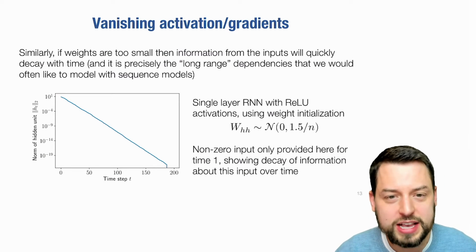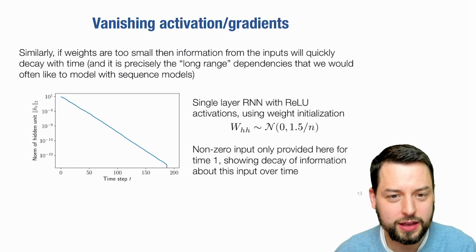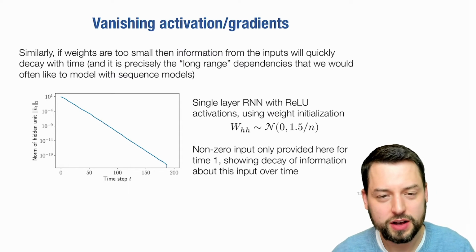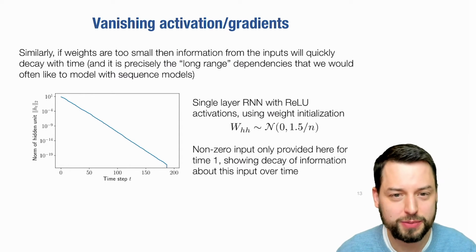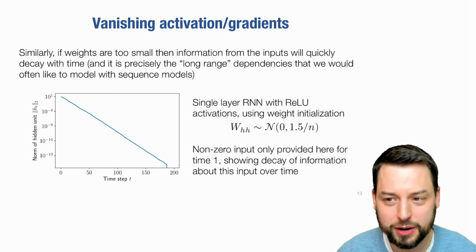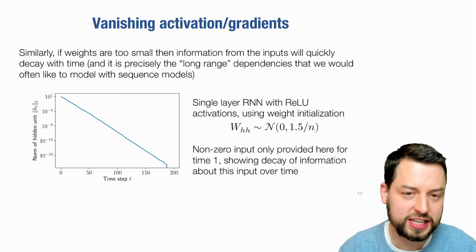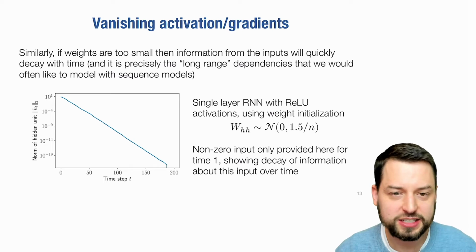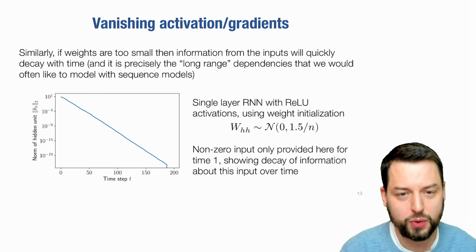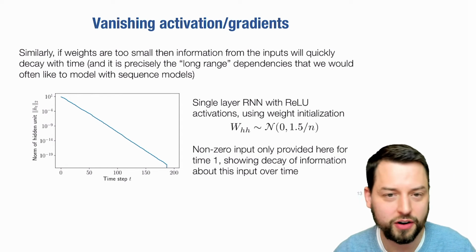So these are the two core problems of RNNs: the exploding gradient problem and the vanishing gradient problem. And in some sense, finding ways to deal with these two problems has been the history of RNNs.